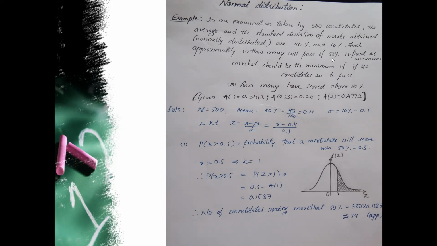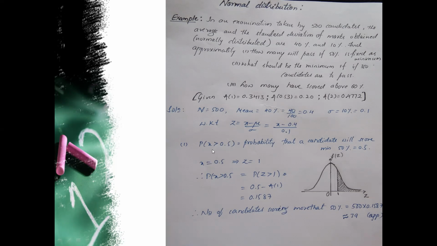A student has to score 50% as a minimum, then how many will pass out of 500? That is what we want to calculate. Let us see that the student will score more than 50%. 50% means 50 by 100, we get 0.5. Hence we calculate the probability that x is greater than 0.5.